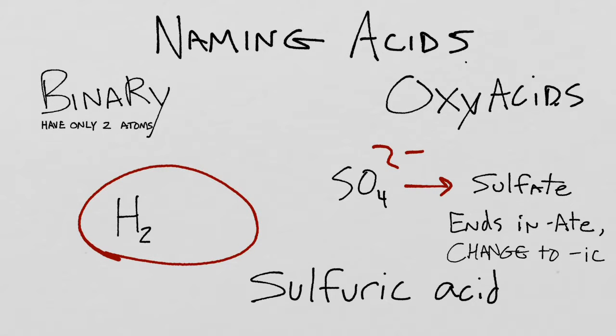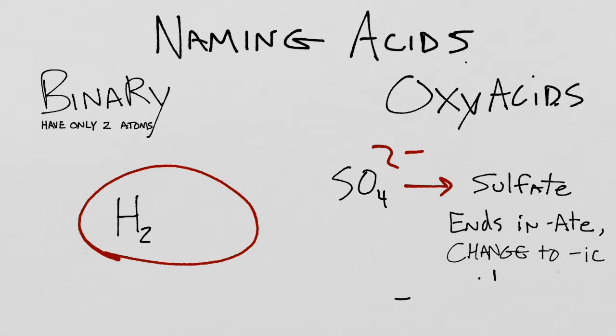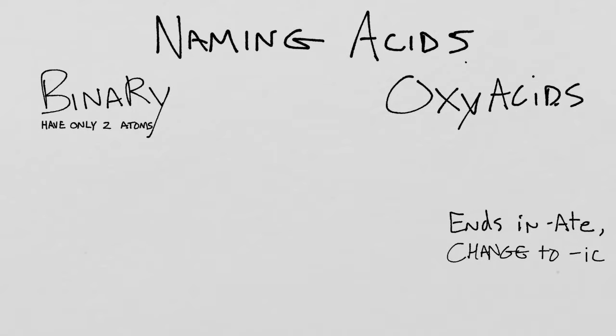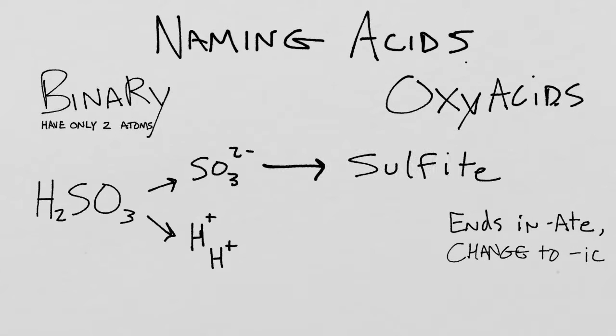All right. Well, what about a different anion? Let's look at the case where we had not H2SO4 but instead H2SO3. So it's very similar. H2SO3 actually breaks into 2 hydrogen ions that are positively charged, and an SO3 2-, which, if you remember from our naming of polyatomic anions, is called sulfite.